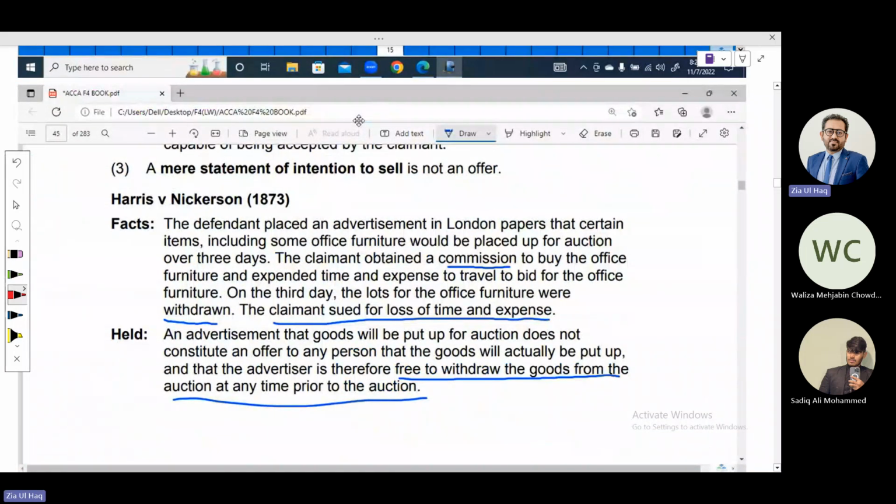Harris versus Nickerson. The defendant placed an advertisement in a London paper that certain items, including some office furniture, would be put up for auction over 3 days.